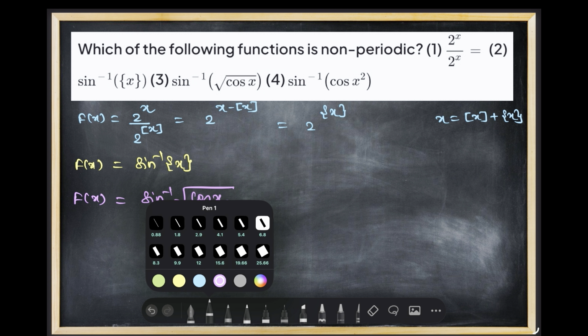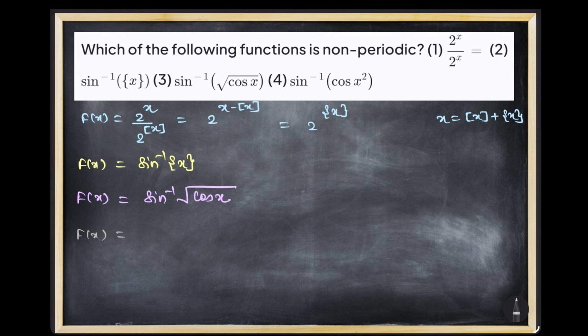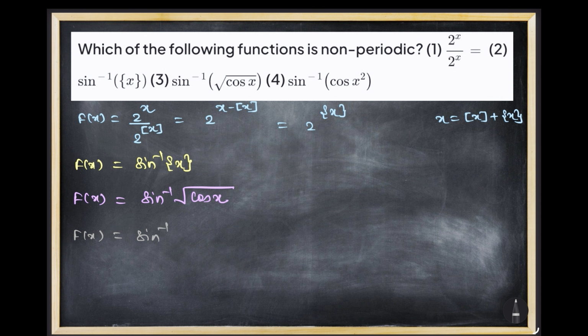Now we have one more, which is f of x equals sine inverse cos of x square. Now if you observe, the cos function is periodic but this x square is having a problem.